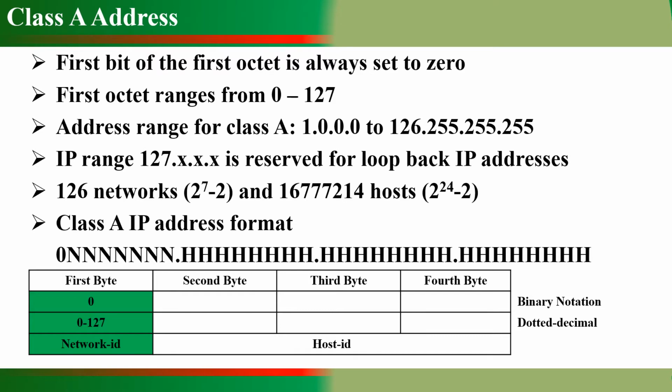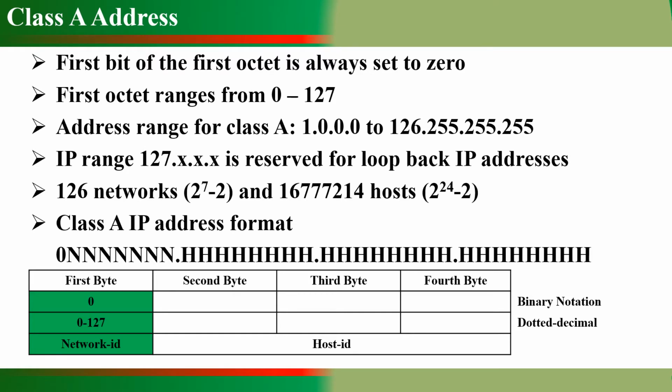So, for easier management, IP addresses are organized in numeric order and divided into the following 5 classes: Class A, Class B, Class C, Class D and Class E. So first we are going to discuss Class A address.